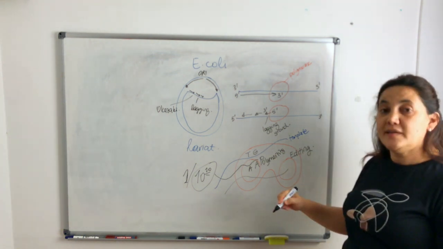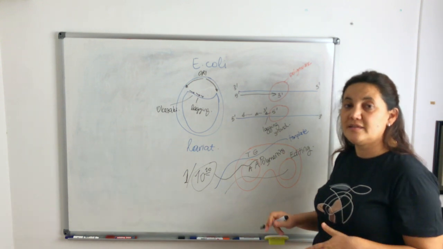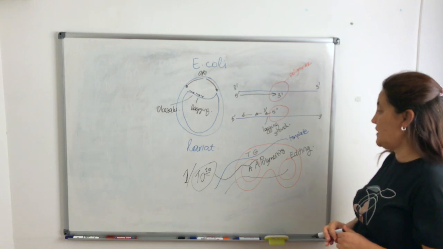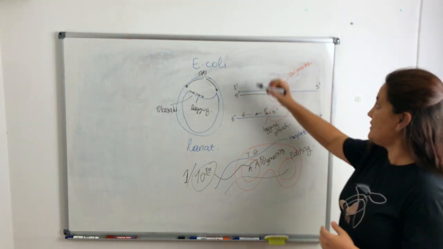In the editing pocket, the incorrect nucleotide is removed and the correct nucleotide replaces it. So this is part of the process called the proofreading process.